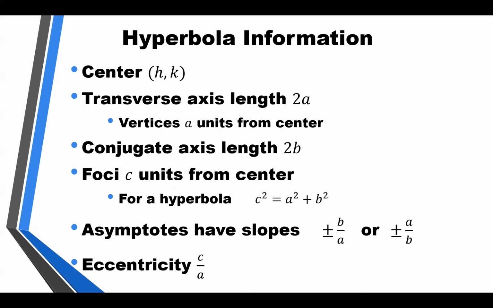However, this c is different from the c with the ellipse. This c is calculated by taking c squared and setting it equal to a squared plus b squared.